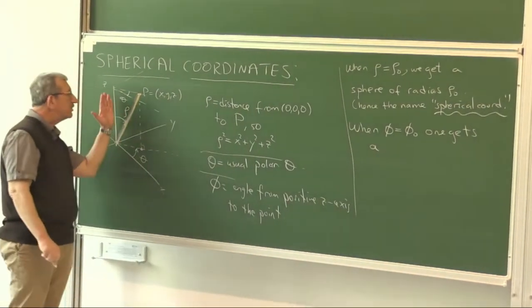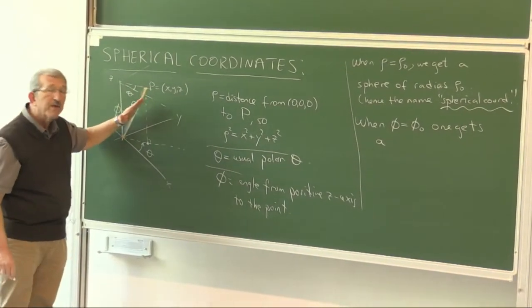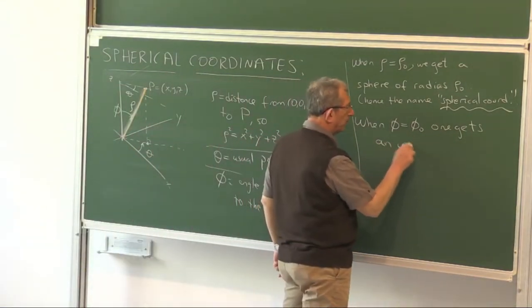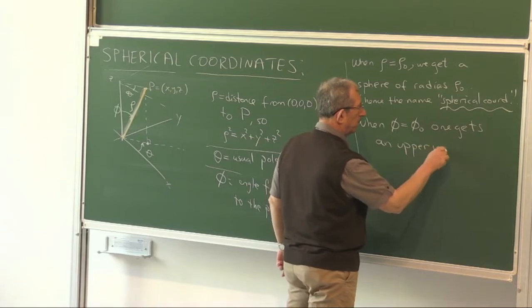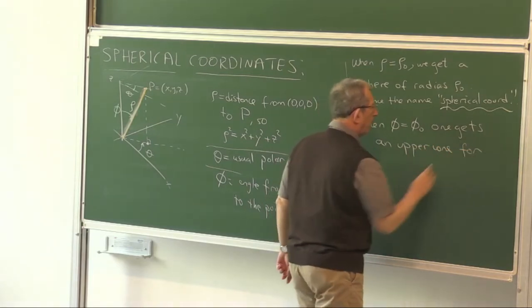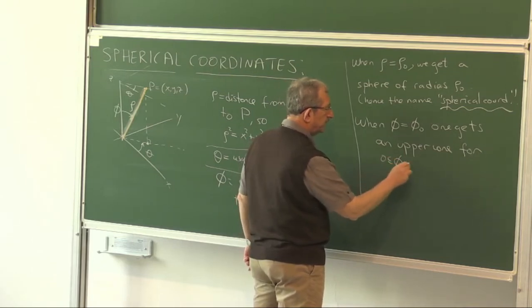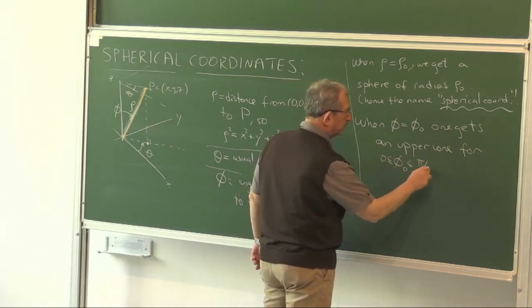Phi is measured from the positive z-axis, and therefore one gets an upper cone for phi 0 between 0 and pi over 2.